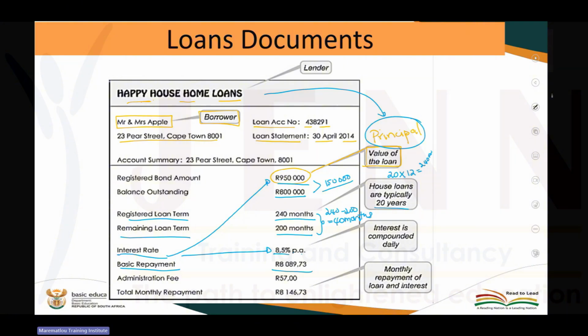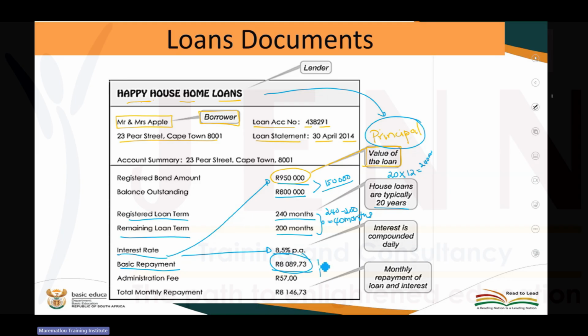Remember, this couple didn't have 950,000. So they relied on Happy House Home Loans, and they agreed that they are going to pay only on a monthly basis because they could not pay 950. So what Happy House did was take 950 divided over 240 months, and add the interest, and they calculated that now you'll have to pay us 8,889 rand and 73 cents per month.